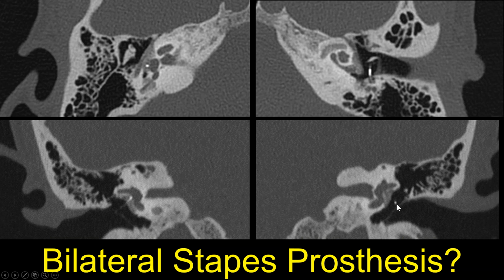So this prosthesis on the left was actually pushed out of the oval window niche by the buildup of this abnormal spongiotic bone that we see with otosclerosis or otospongiosis. The stapes prosthesis on the right is in the correct location.